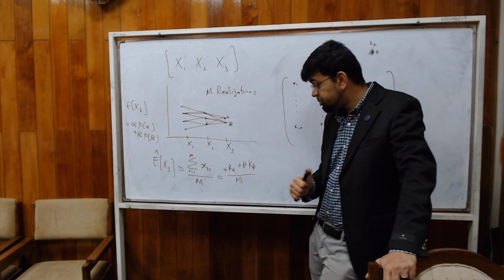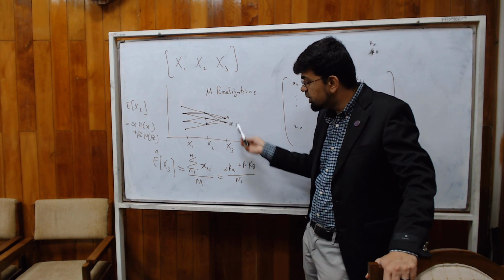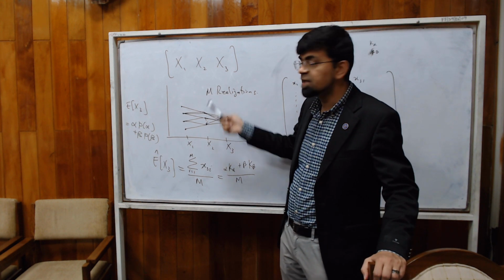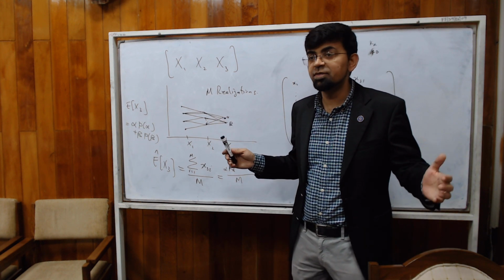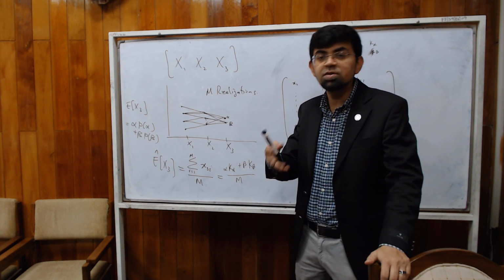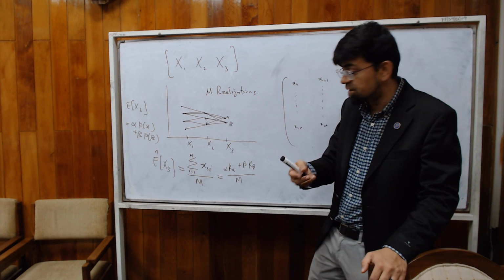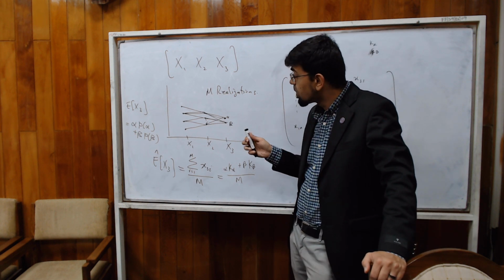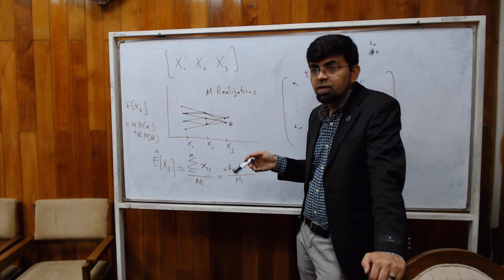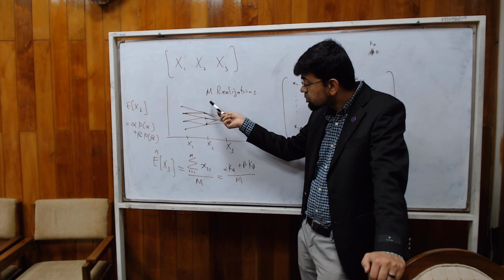So that is what's happening here. We are saying there are enough realizations. We will talk about this, that M has to be very large or large enough. What is large enough? That also has to be made precise or discussed. But let's say it's a million, a billion, we can go so high.